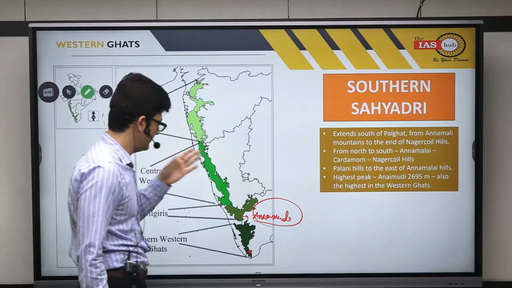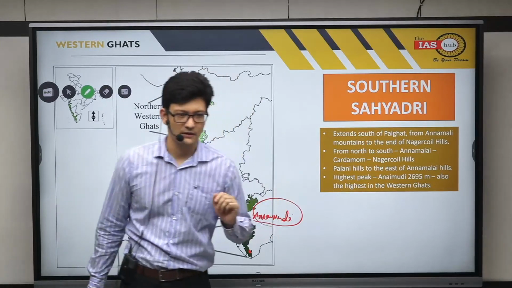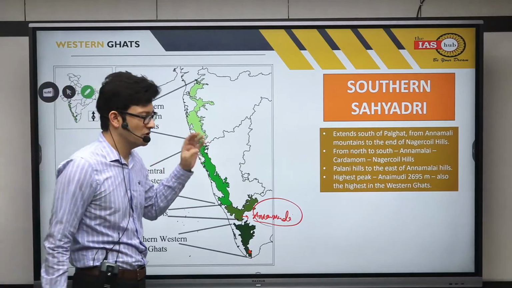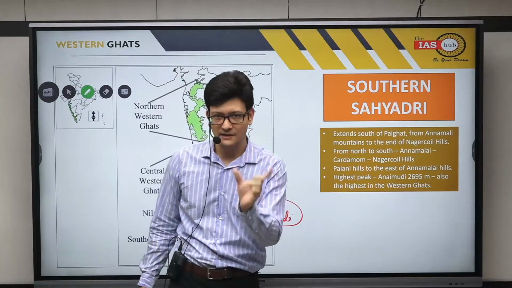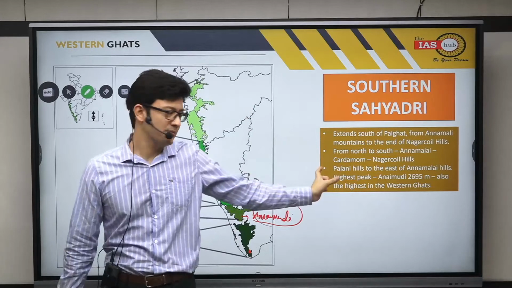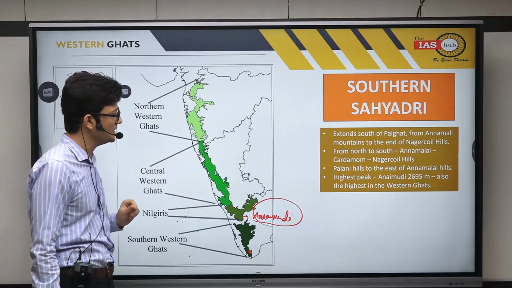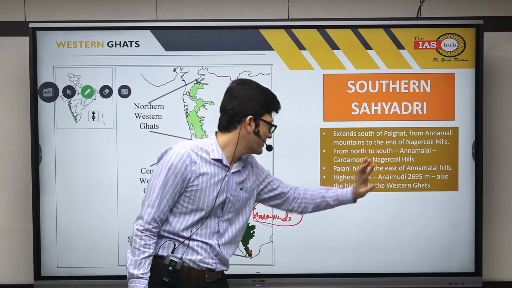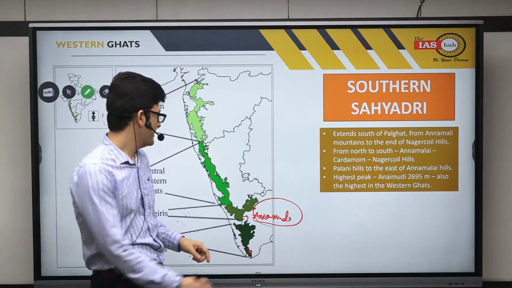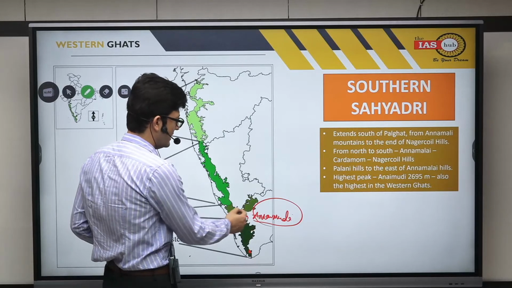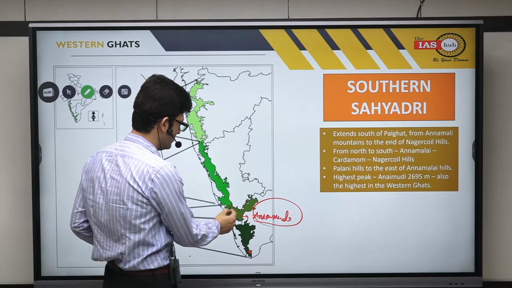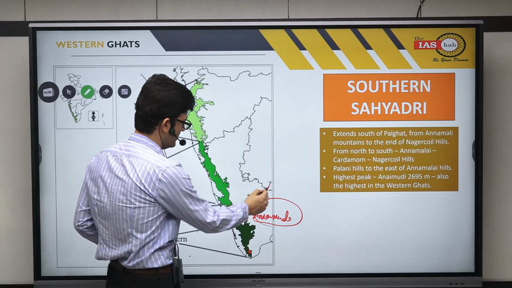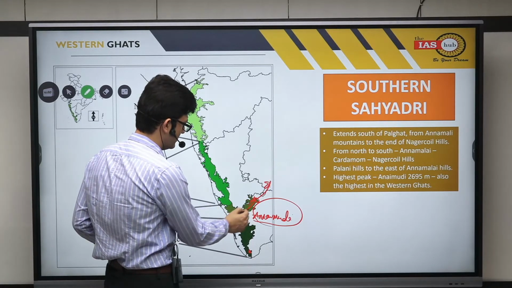For the whole of the Western Ghats, this is also the highest peak. Every other peak we have discussed section-wise was the highest peak of that section, but Anaimudi is the highest peak of the Western Ghats. Palani Hills you will find on the eastern side. So Nilgiri connects the Western Ghats through Palani Hills over here, and it creates a knot in that sense.